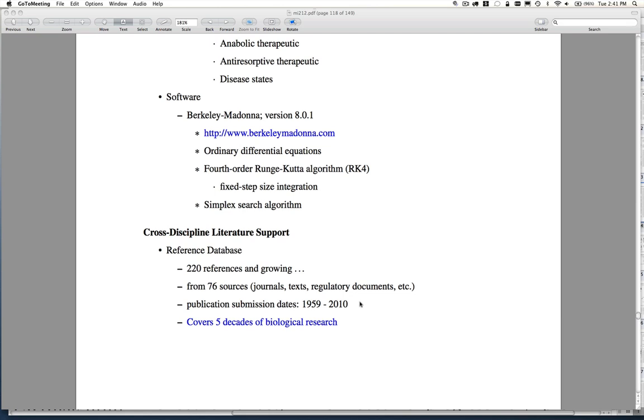And using the methodologies back there, they'd actually derived and published the physiologic relationships and the mathematical relationships describing those. So again, this is a matter of going back and determining all this information from the literature.